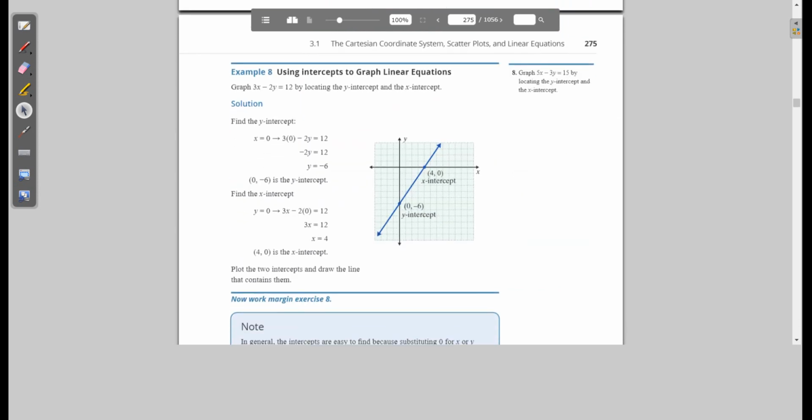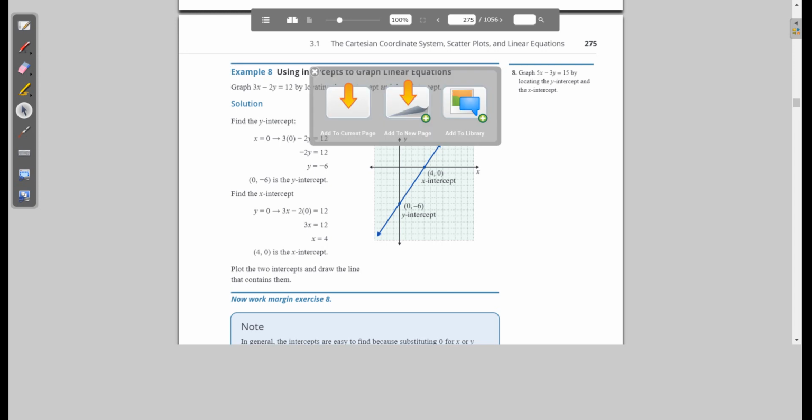Same thing here. For the x-intercept, we set y equal to 0, so we're going to have 3x minus 2 times y, which is 0, and that's equal to 12.